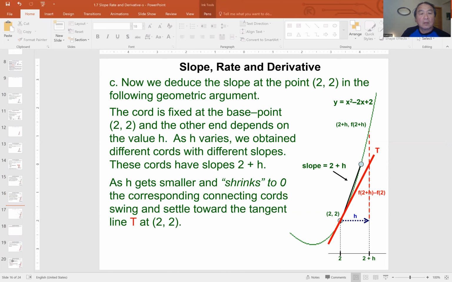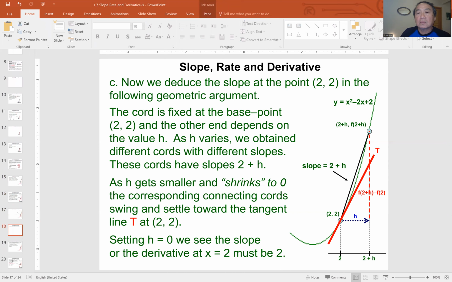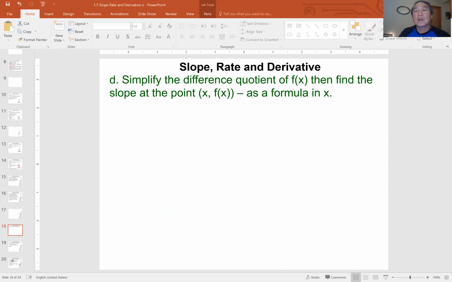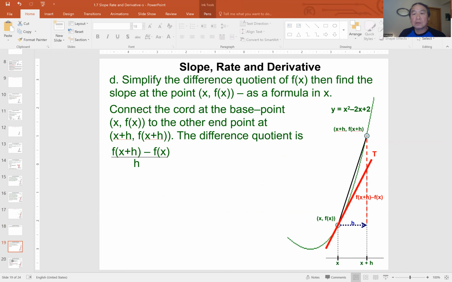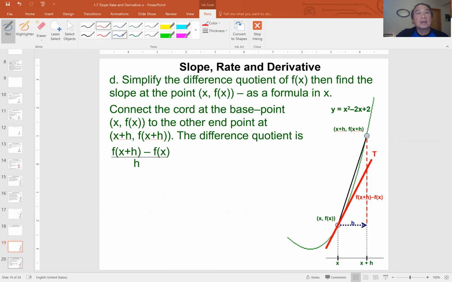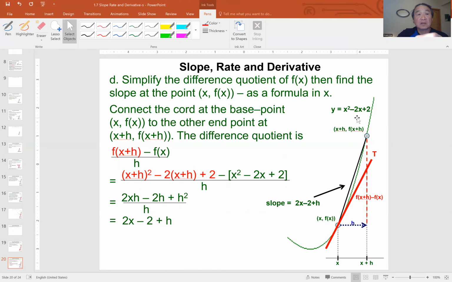Okay, and then we can calculate in general. I can calculate this formula if I let x, instead of the base point 2, be a variable too, and then simplify the difference quotient. If I connect a point from the generic x to its neighbor x plus h, I can calculate, remembering from the previous example, what the difference quotient simplifies down to.